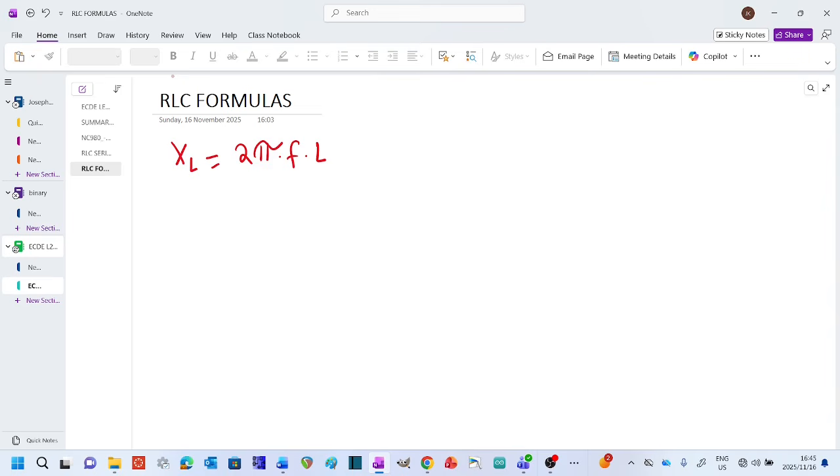So the value of the inductance is given to you, and you must always determine your inductive reactance. XC is your capacitive reactance, which is 1 over 2 pi FC. C is the capacitance. So frequency and capacitance will be given to you.